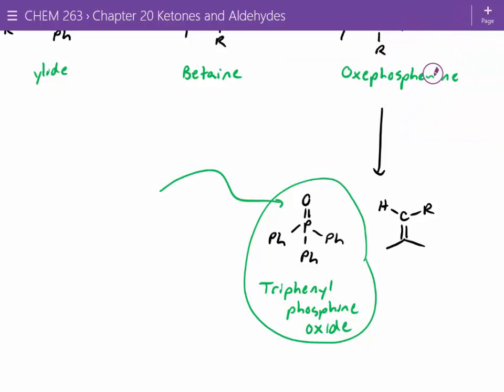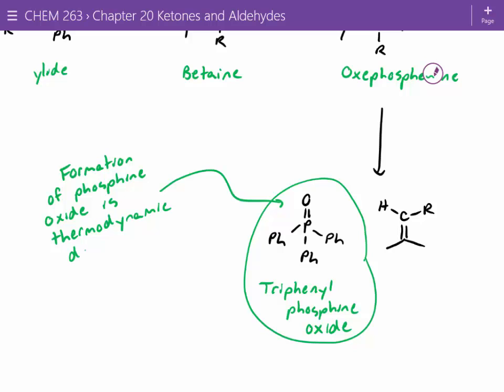Because this is a thermodynamic sink. And in this case, it's irreversible.